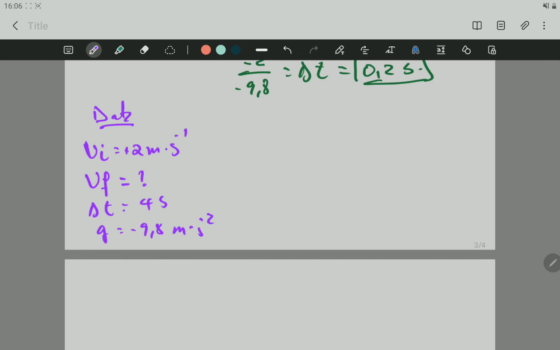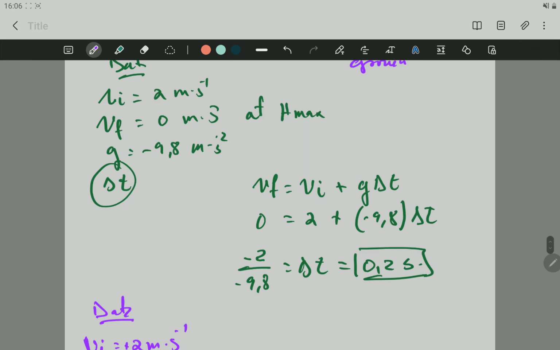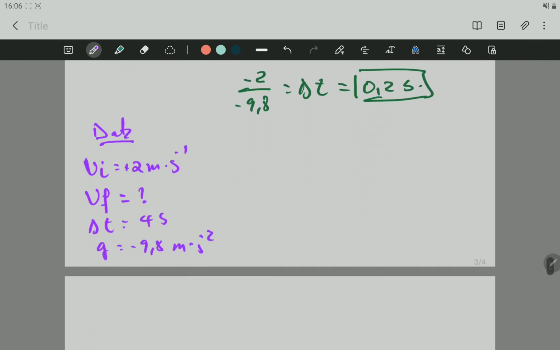So we can use the same formula as before. We have everything for that same formula. The final velocity is equal to initial velocity plus acceleration multiplied by time. Final velocity is equal to the initial velocity, which is 2, plus minus 9.8 multiplied by 4.